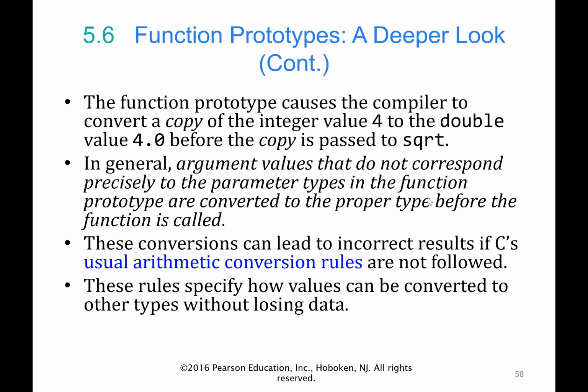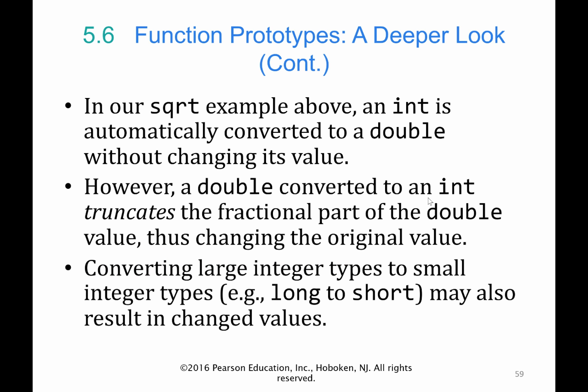You could end up with some funny problems if you're not careful. The main thing is if you specify you're going to pass an integer to something and you try to pass a floating point number, the compiler might just truncate it.